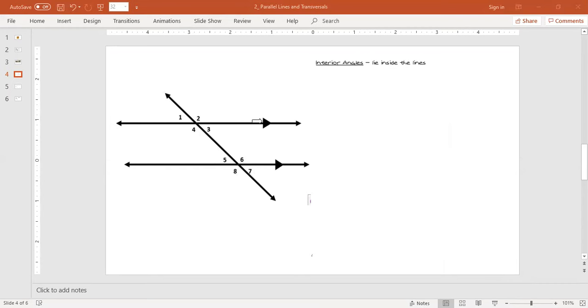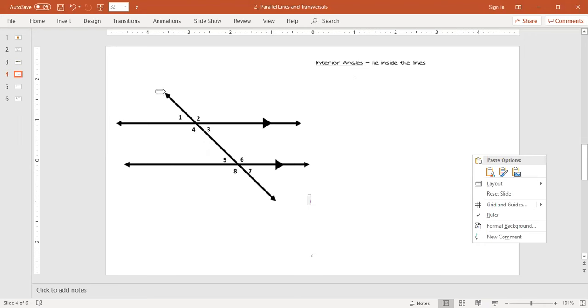This marking, these two markings, these mean that these lines are parallel. So whenever we see these little double triangles, that means that they're parallel lines. Okay? So we're going to start looking at some of these angle relationships here, and we're going to see what relationships are created through the parallel lines cut by the transversal.